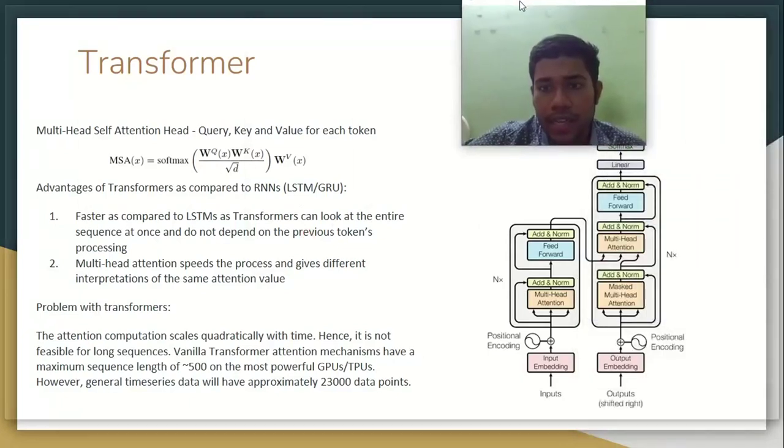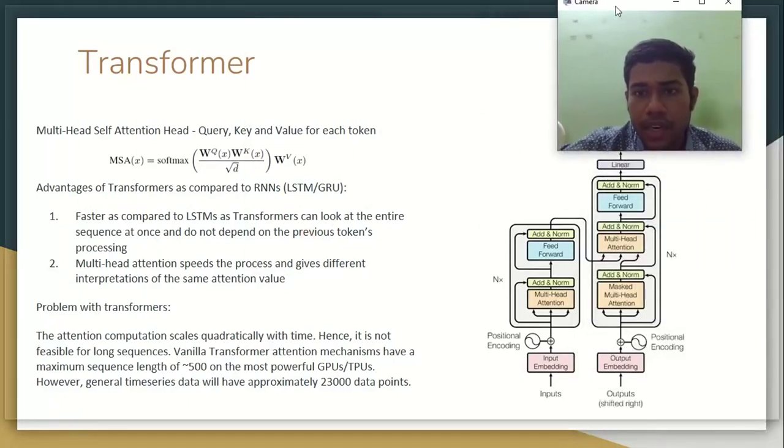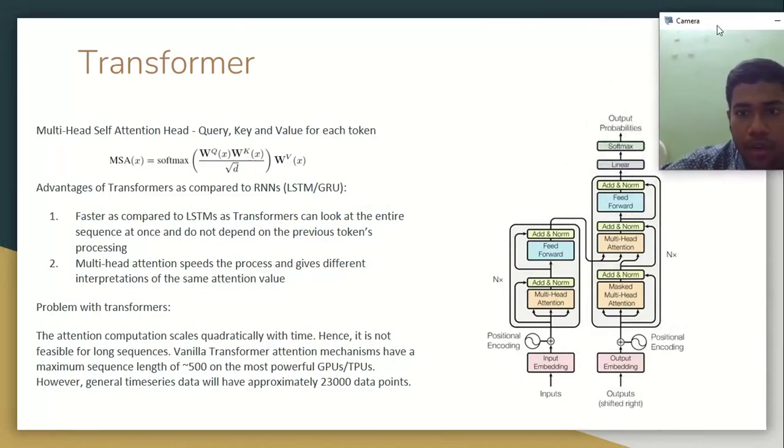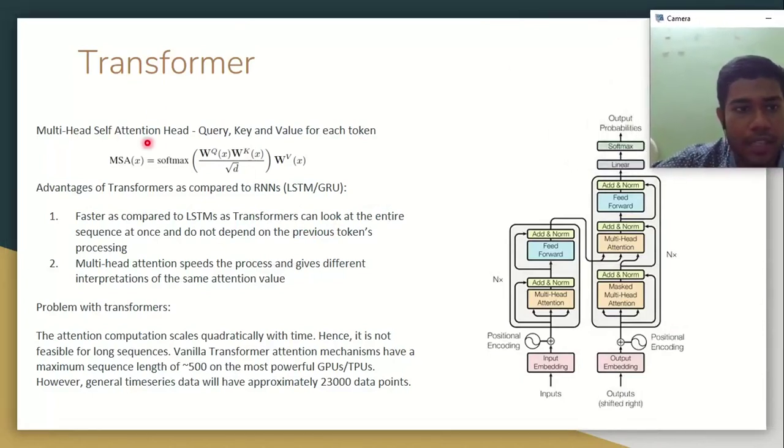Here we can see the actual transformer architecture, where the first thing we need to remember is that this transformer has two parts: the encoder and the decoder, because the transformer is trained on sequence to sequence natural language processing tasks, where the input is a sequence and the output is also a sequence, like for example machine translation.